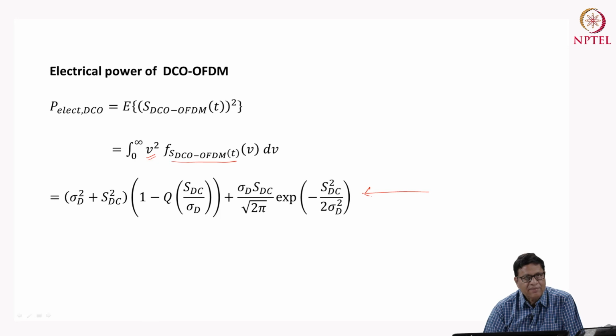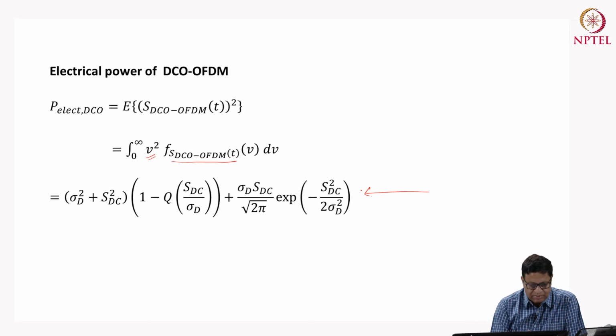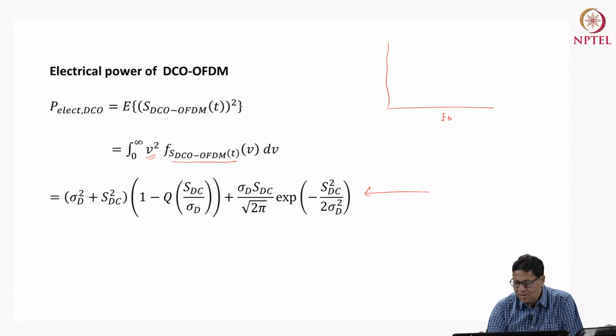So this is the electrical power of the DCO-OFDM. So now you have calculated the power, and then one can calculate the noise also, which is coming from the detection process. And then using these expressions, one can plot Eb by N0. This could be in dB, and this is electrical.